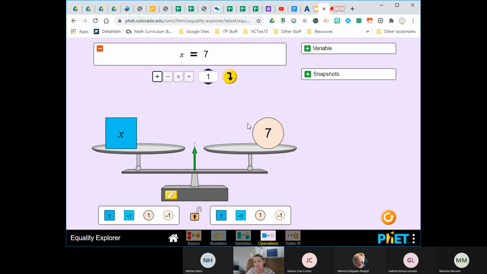Okay, so that is the properties of equality. What I do to one side of the equal sign, I have to do to the other. If I subtract 6 here, I have to subtract 6 here. If I add 6 here, I have to add 6 here in order to balance things out and keep things equal.